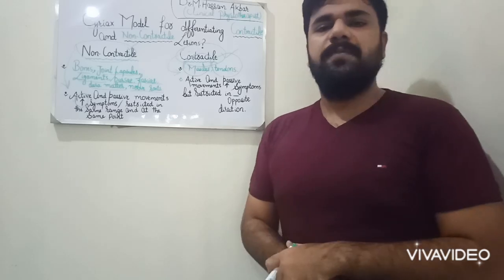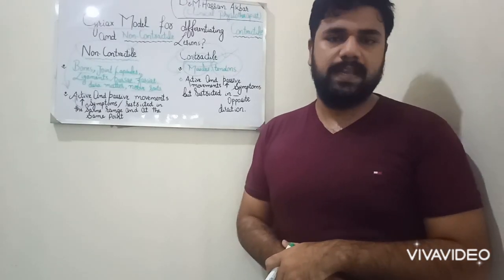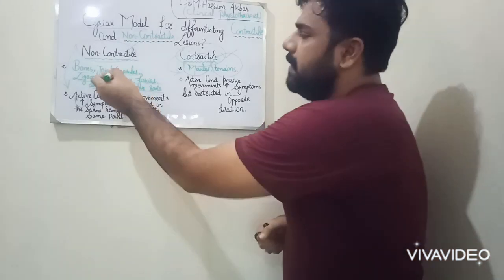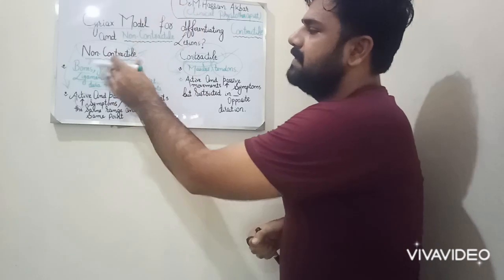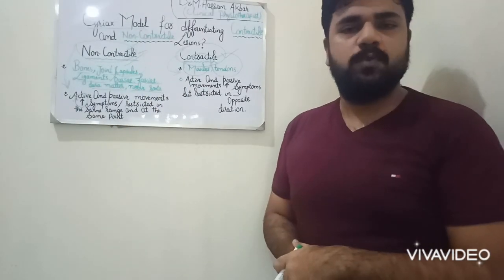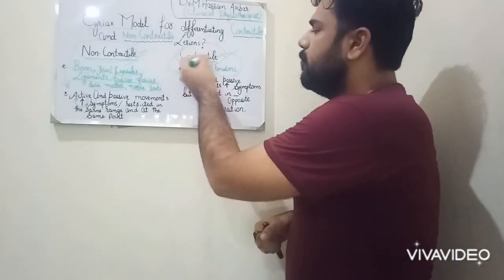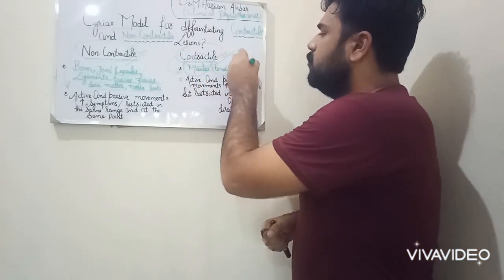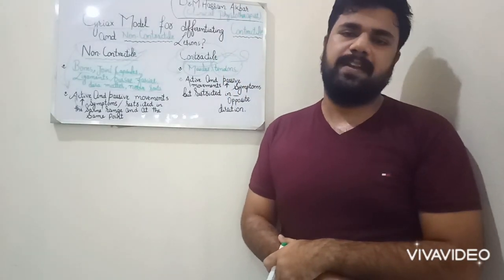We can differentiate the contractile and non-contractile elements with the help of an example. In the case of a non-contractile element, capsules, you can take the example of adhesive capsulitis, known as frozen shoulder. In the case of contractile tendons, you can take the example of supraspinatus tendinitis.